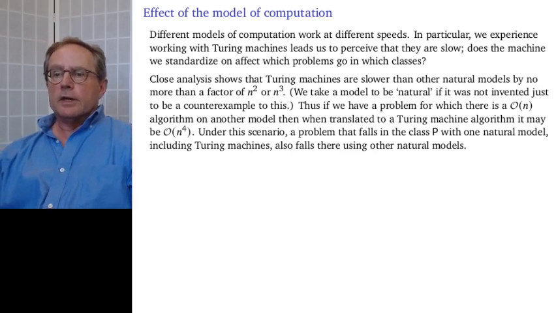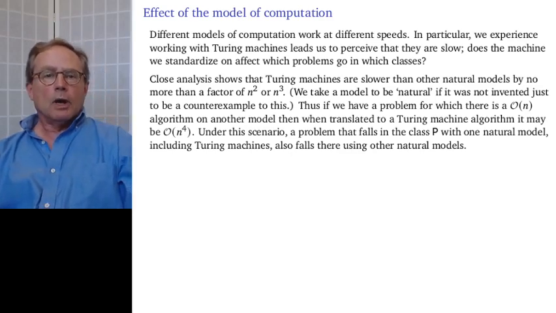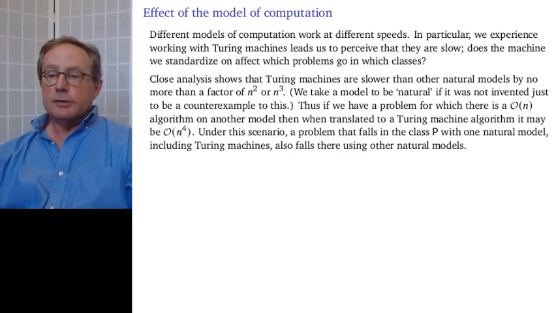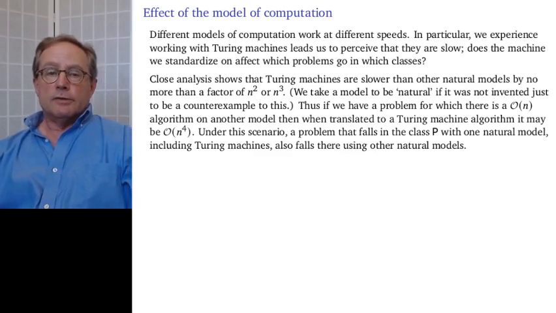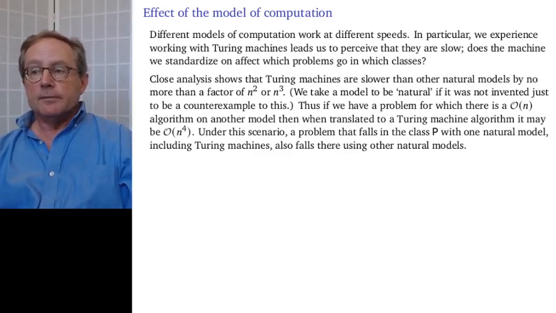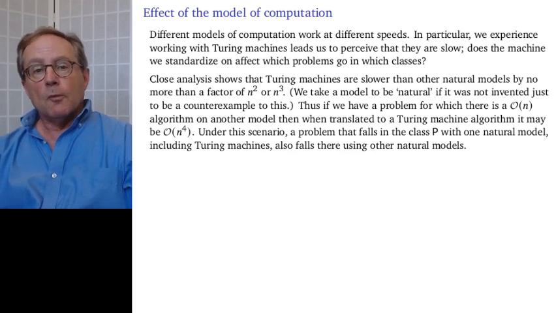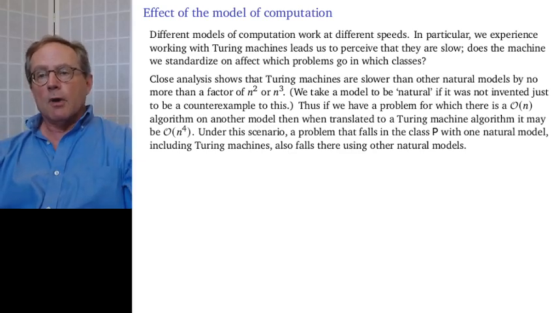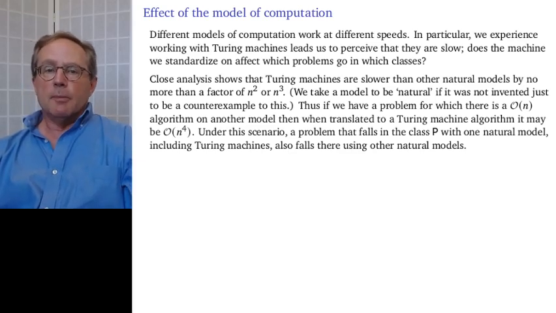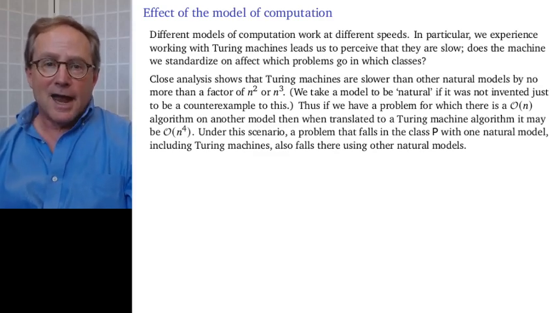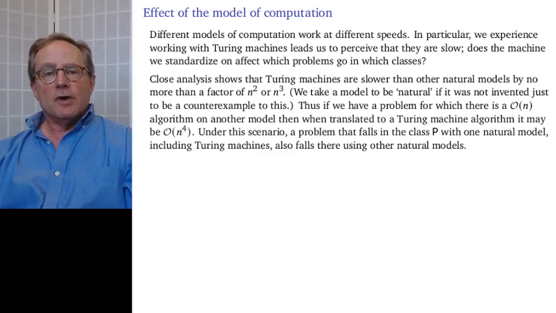The effect of the model of computation. We are working with Turing machines. The definition says Turing machines. Different models of computation work at different speeds. From when the course started, when we talked about working with Turing machines, a person sensibly would say, Turing machines are a pain in the neck to program, and they seem very slow.